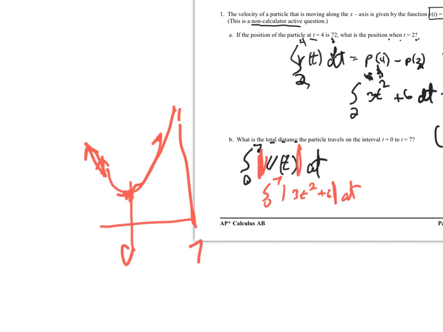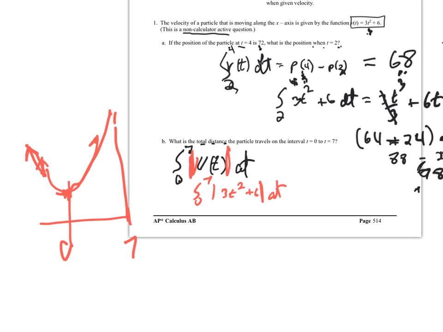No. But I wanted you to still put it, if this is truly the graph, and I think it is, always put it there, because just in case it was an upside down parabola and it were shifting underneath the axis, then you're going to have to flip it over the x-axis. So anyway, I think the answer is just going to be, you're going to integrate the same, t cubed plus 6t from 0 to 7.